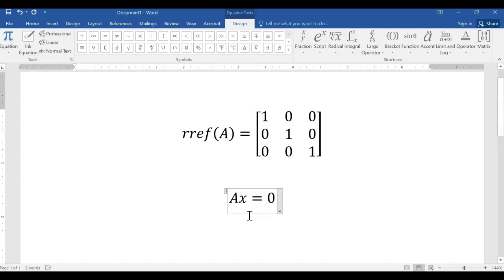So the null space is the 0 vector alone, which means that the nullity is 0. Remember we said the space with the 0 vector alone has dimension 0.